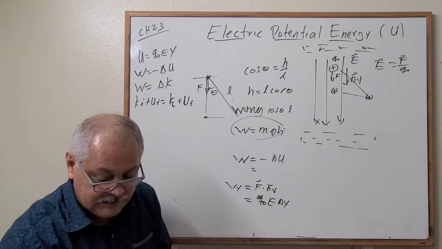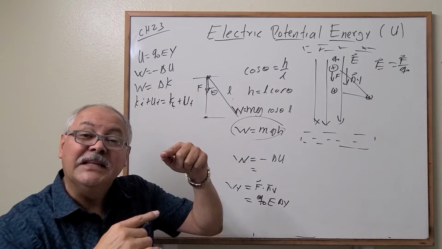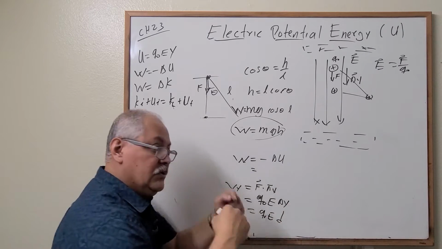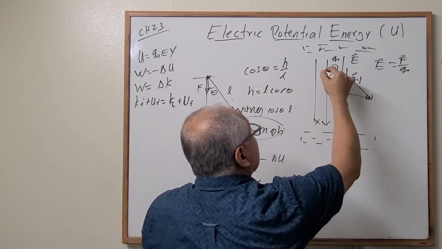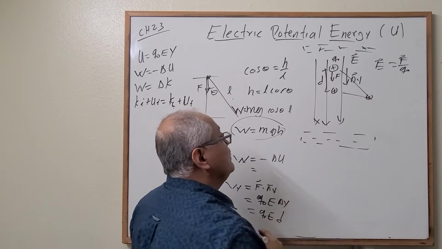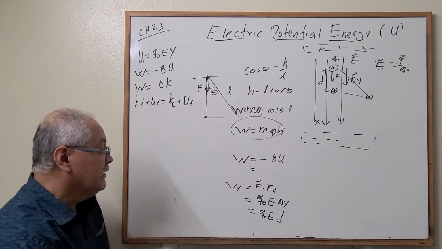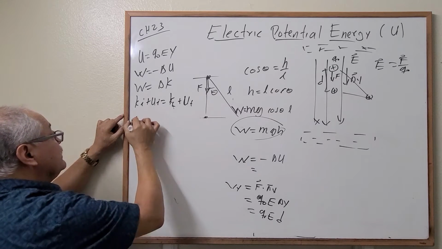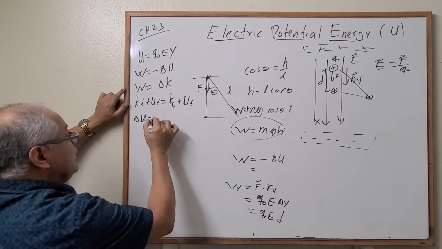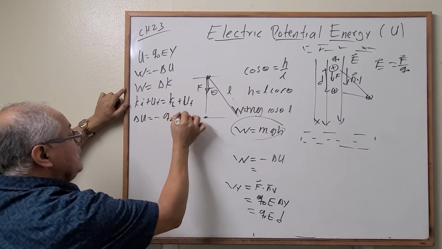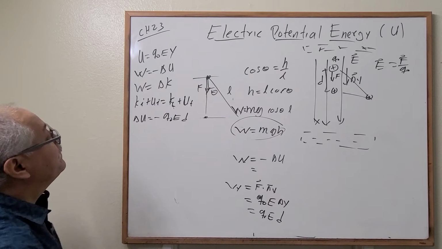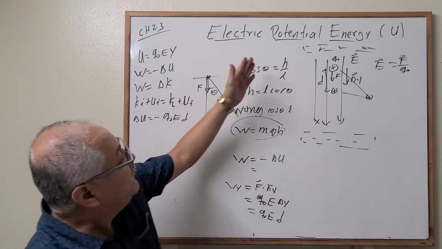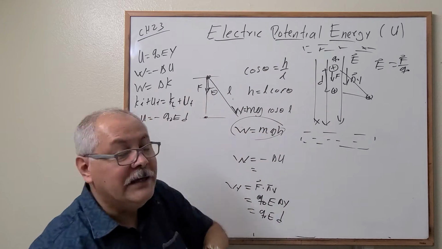Delta y is just the distance, so it's equal to q naught E times the distance between the two points, the magnitude of the displacement. Then the change in electric potential energy is equal to negative q naught E times d.